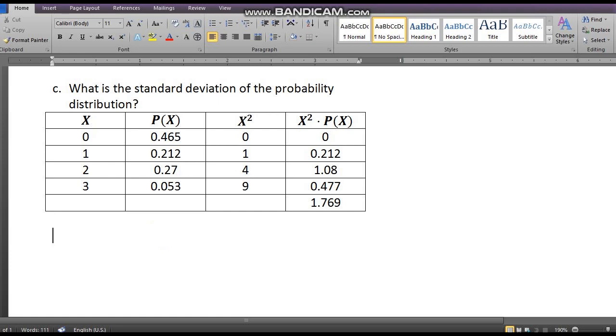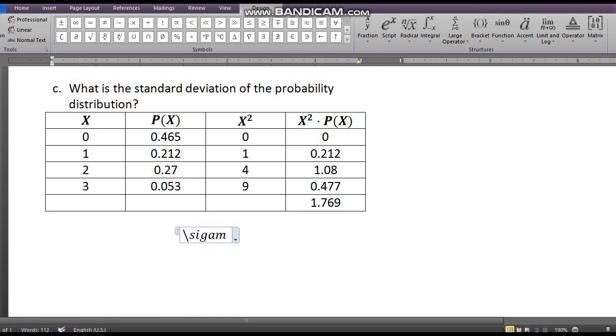Remember, that's not yet our standard deviation. The standard deviation is actually the square root of the sum of x squared times p of x minus mu squared.